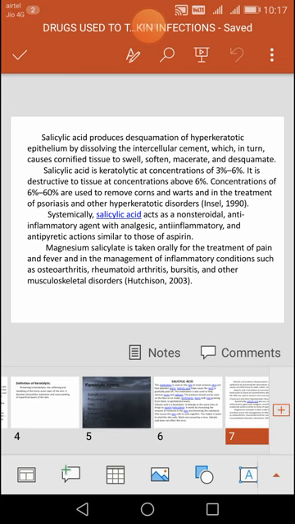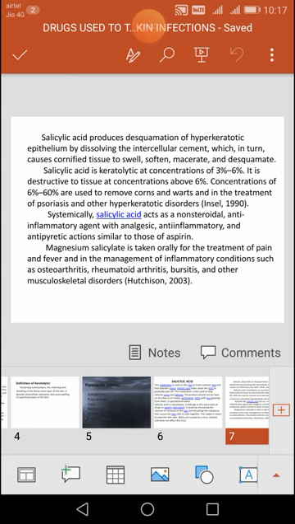Salicylic acid is keratolytic at concentrations of 3 to 6%, and it is destructive to tissues at concentrations above 6%. Concentrations of 6 to 60% are used to remove corns and warts, and in the treatment of psoriasis and other hyperkeratotic disorders.